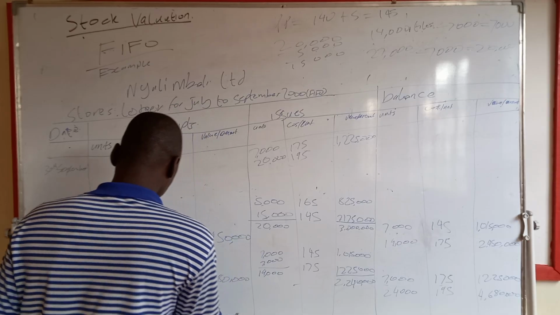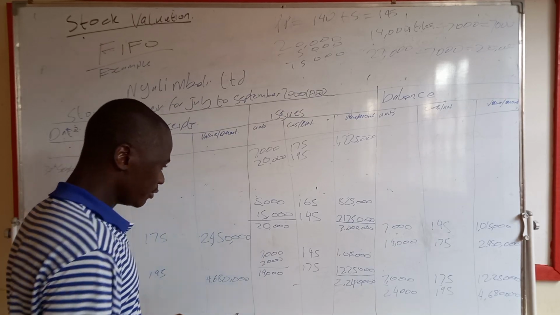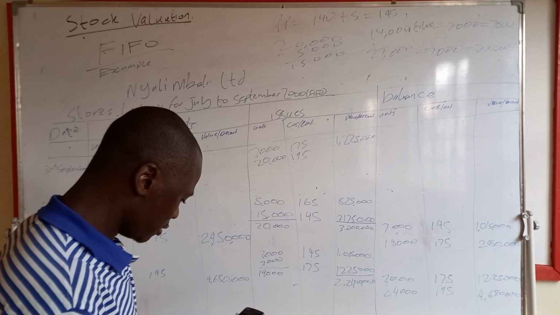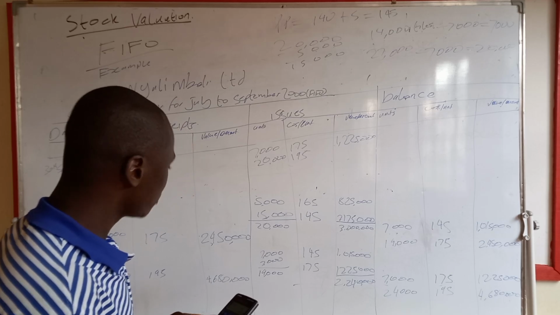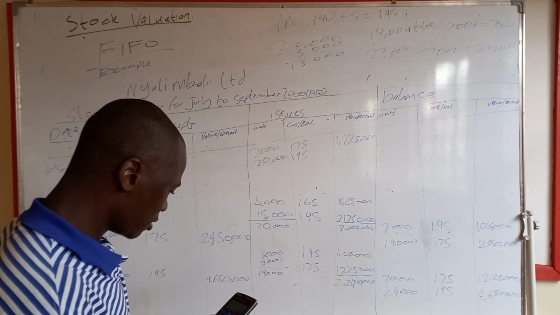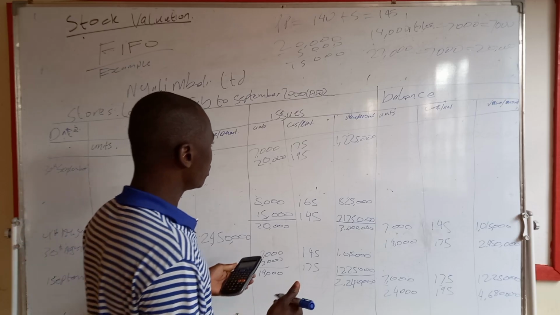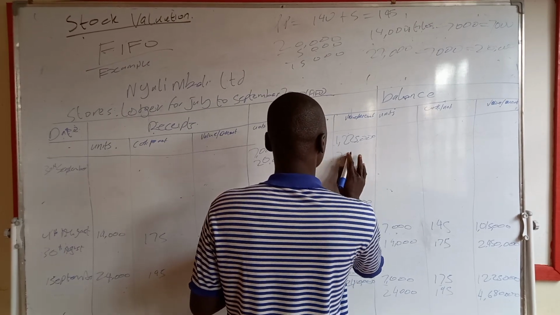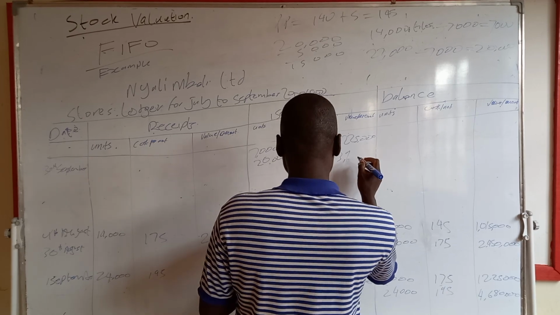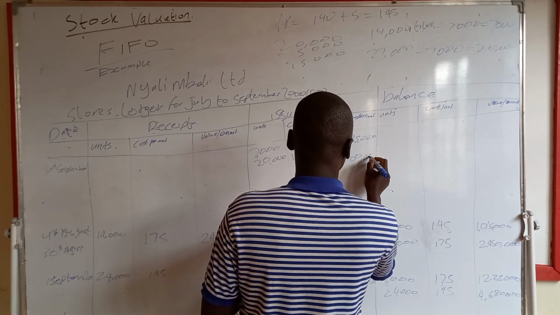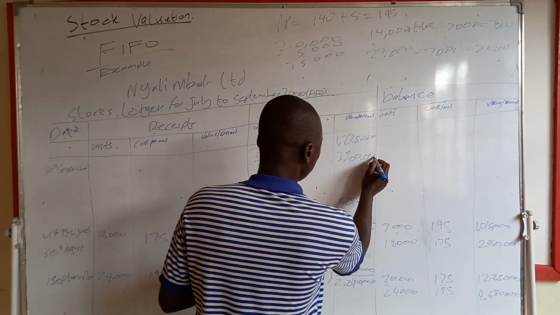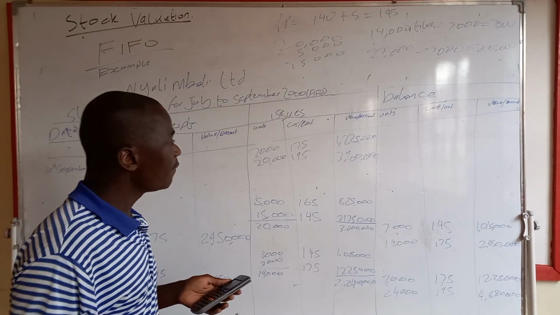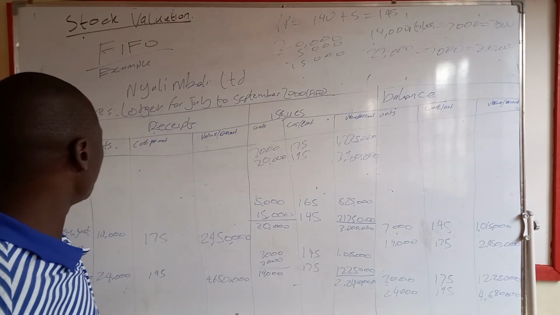So 195 times 20,000 gives 3,900,000. Now, what are we remaining with?